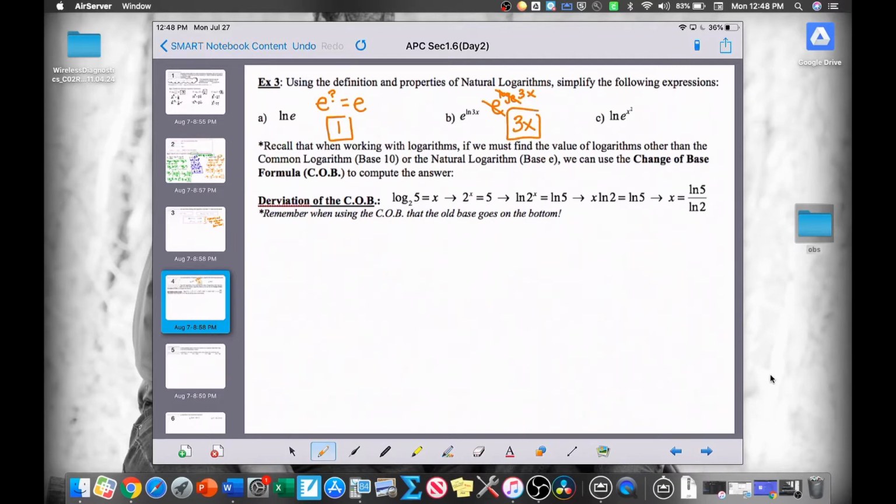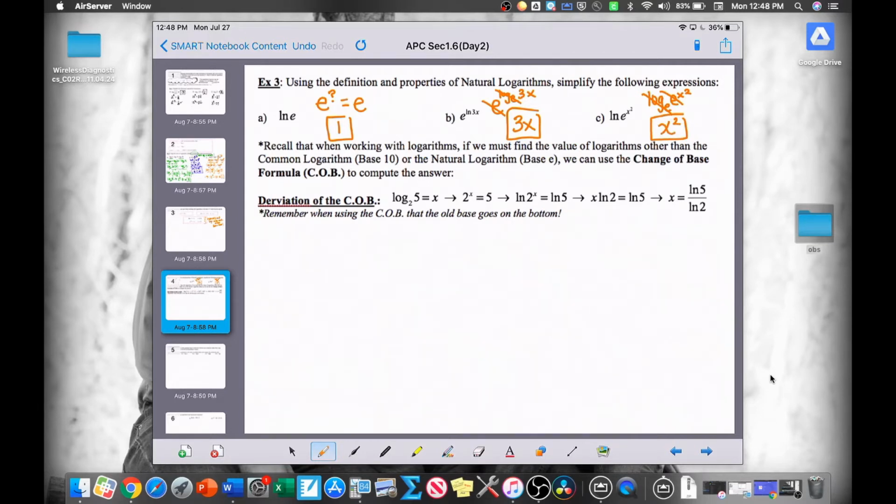And then letter C is kind of the opposite of that. ln, again, is log base e. So if I have log base e of e to the x squared power, the base of my log and the base of my exponent are the same. They undo each other. So this expression simplifies to x squared.